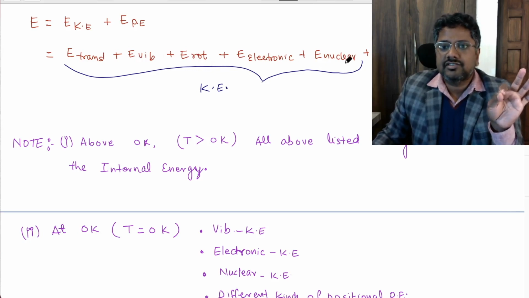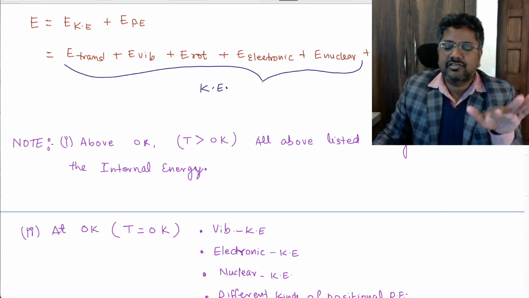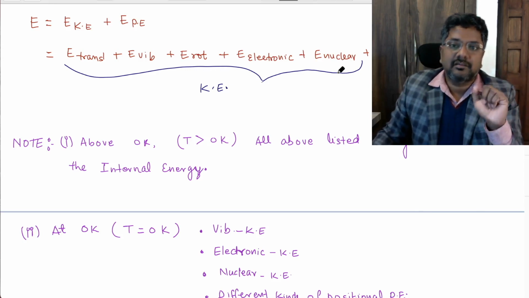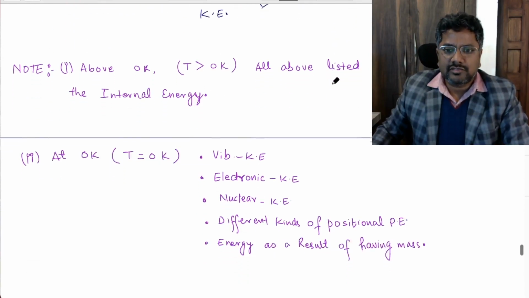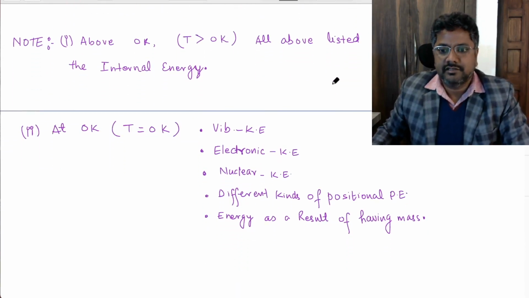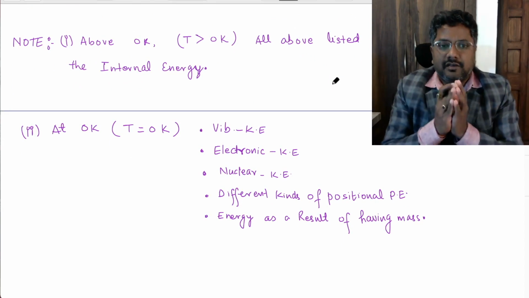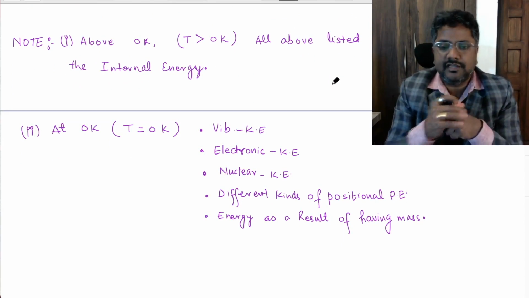We are not considering the nuclear, positional, and energy due to mass contribution in the thermal energy. Electronic energy is also very small. So there is a difference between internal energy and thermal internal energy. In thermodynamics, we are basically using this thermal energy, right?